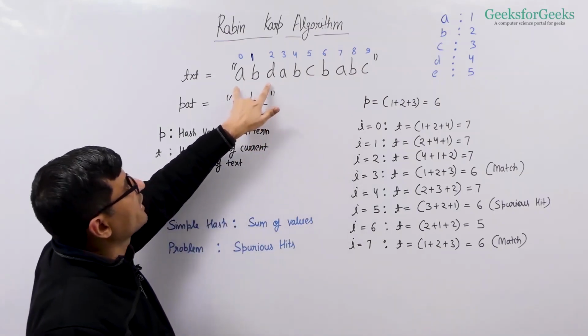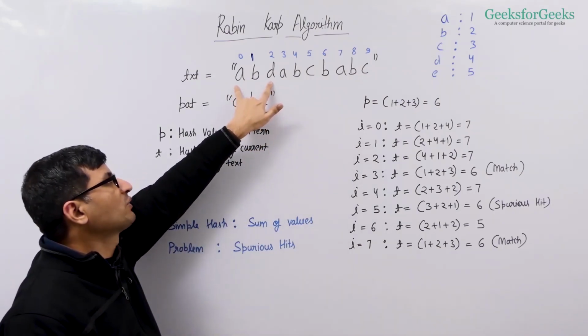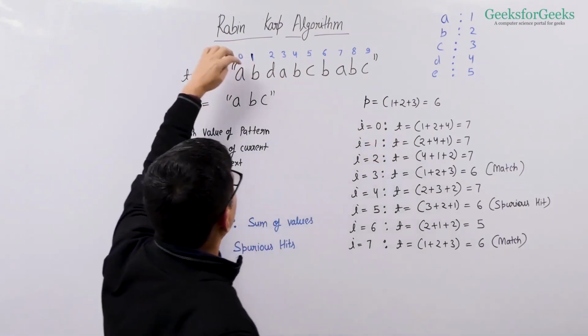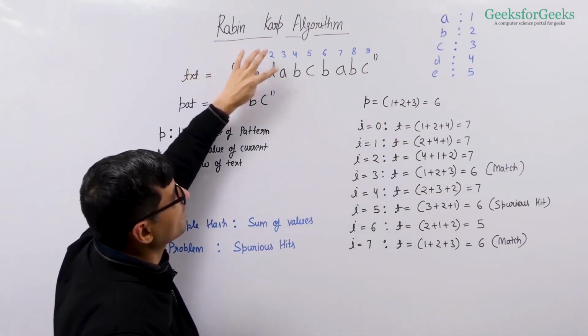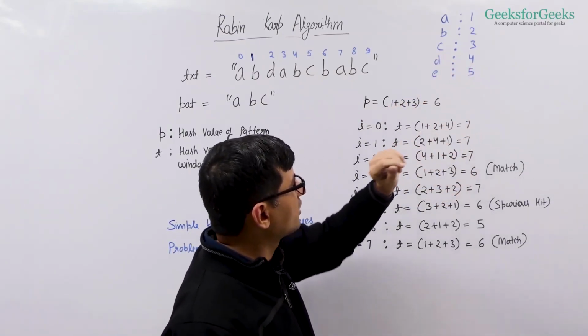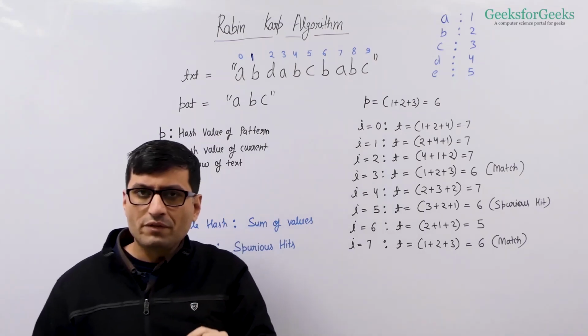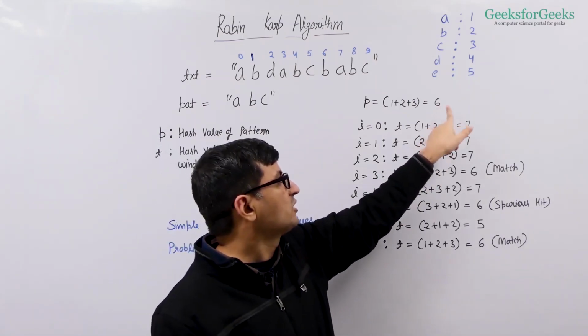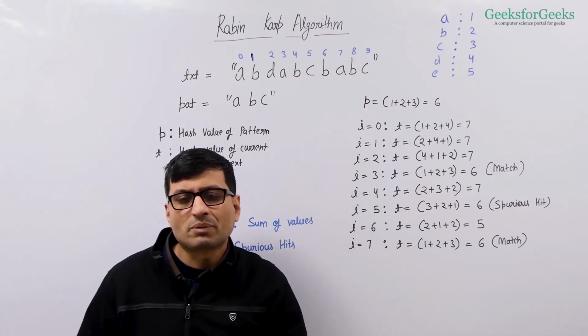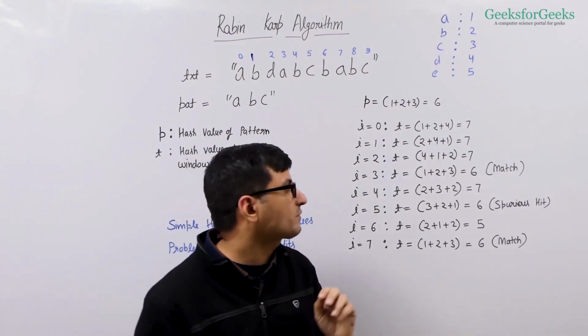And at this index, we compute the hash value of current window of text, T. And what is this value? 1 plus 2 plus 4. We have 4 for D, right? And this value is 7. So we first compare these two integer values, 6 and 7. They do not match. So we simply skip this particular window of text.